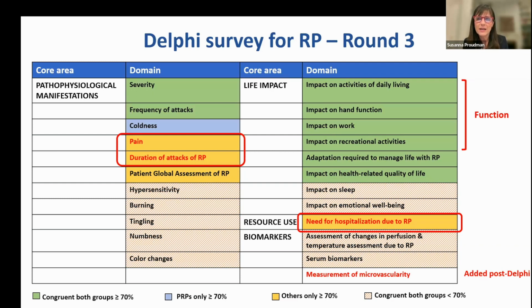So we did feel that something of the experience of Raynaud's phenomenon was being missed if we were to adhere just to the results of the Delphi. To that end, we included pain, but acknowledged that that may not capture the full sensory experience of having Raynaud's phenomenon.